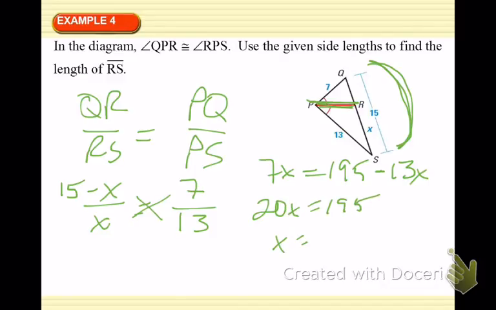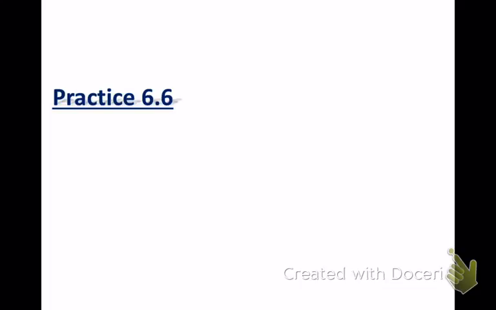Divide both sides by 20, and you get 9.75. Okay? And RS was X, so this is what we were looking for. Okay? So there you go. Use of those two theorems. That's all I got to show you, right?